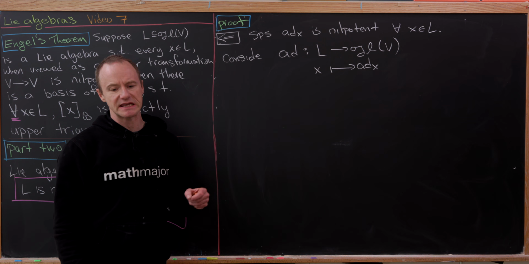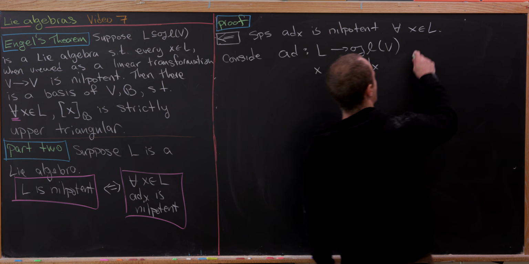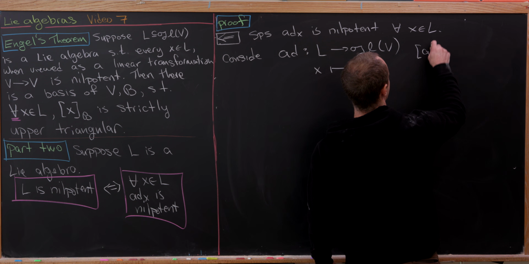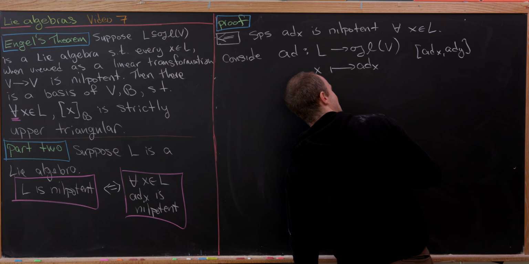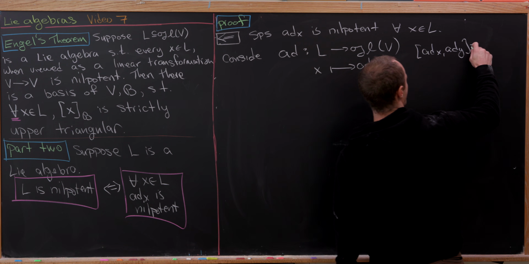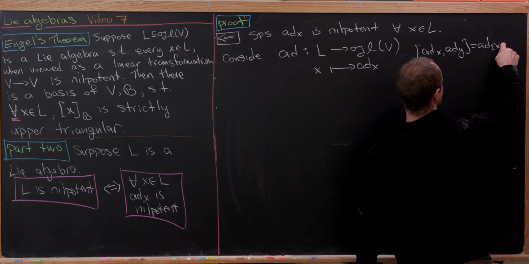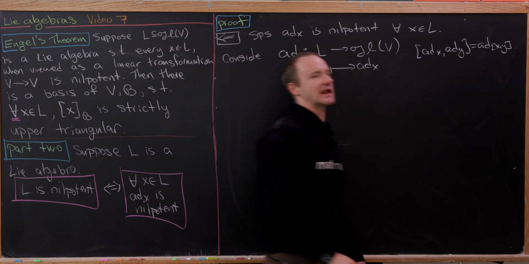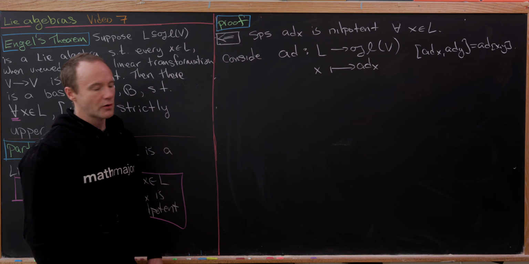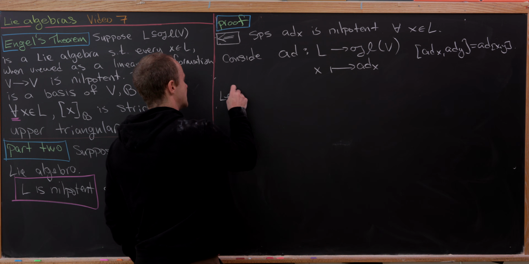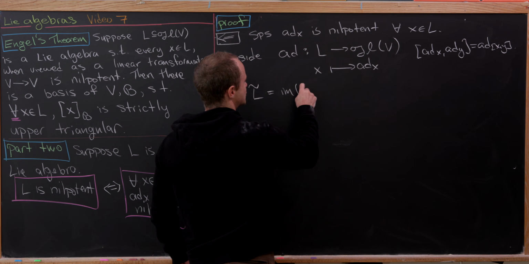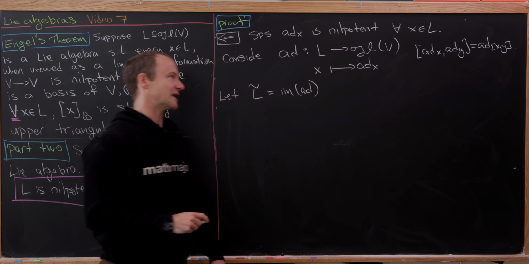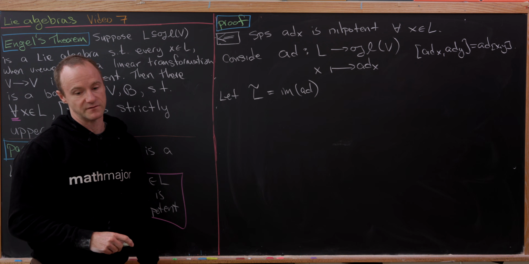And this is a Lie algebra homomorphism. The fact that this is a Lie algebra homomorphism follows from the pretty simple calculation that the bracket of ad x, ad y is ad of the bracket x, y. Then let L tilde equal the image of this adjoint map inside of GL(V).